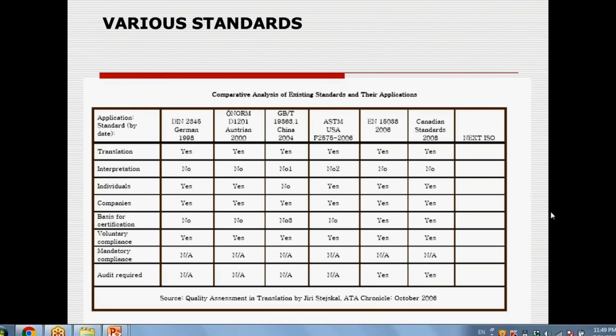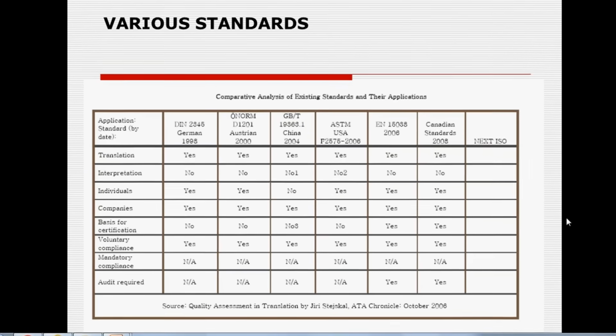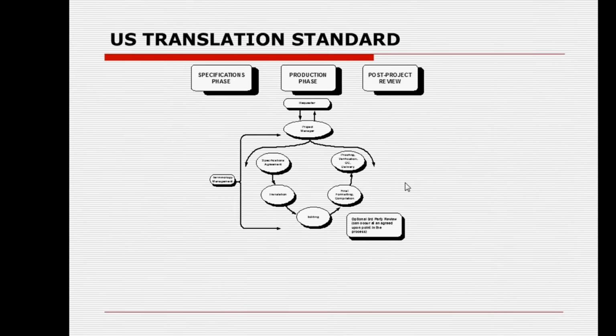They focus more on the qualification of the translator, number one, the qualification of the proofreader or editor, number two, and terminology management, etc. And of course, there are non-linguistic aspects that come into picture.